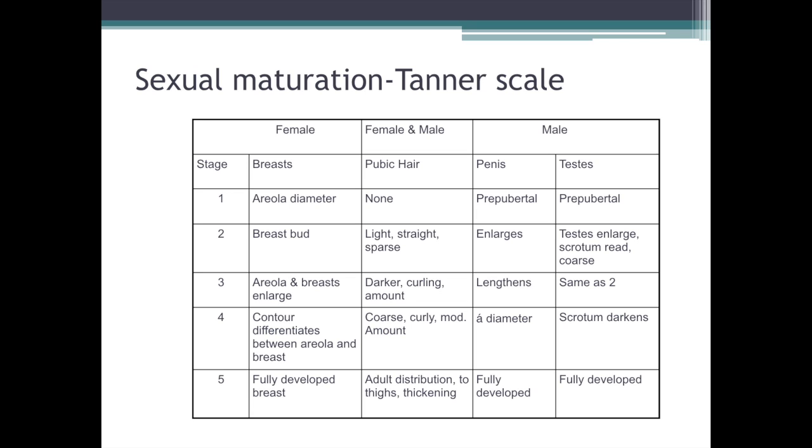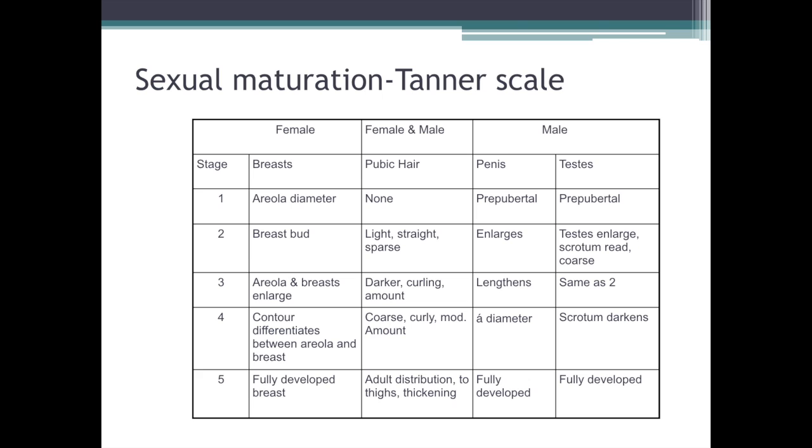And so what we'll see is that they actually have pubic hair, axillary hair, they may have breast development, they may have elongation of the penis, the testicles are growing, and so we use the breast, pubic hair, penis, and testes to be able to determine where they're at in sexual maturation.